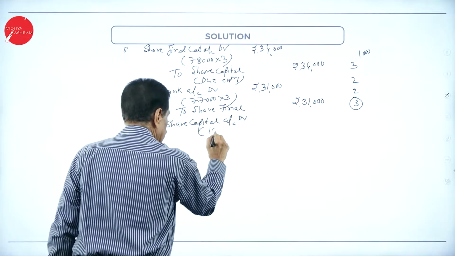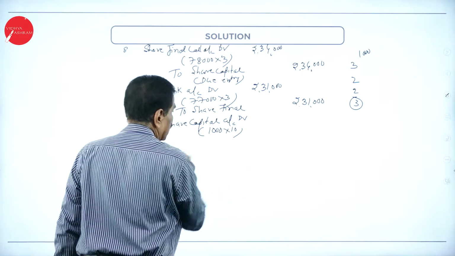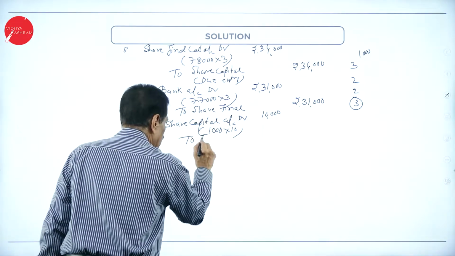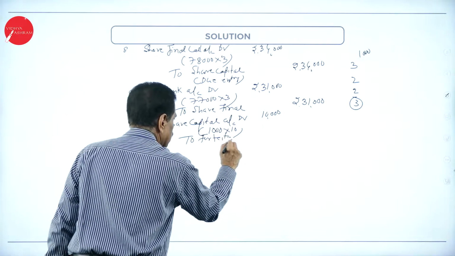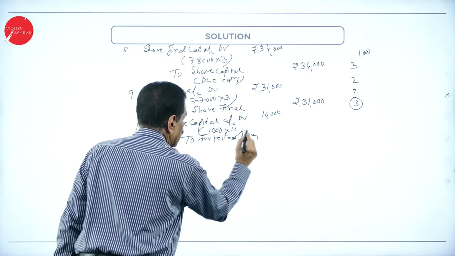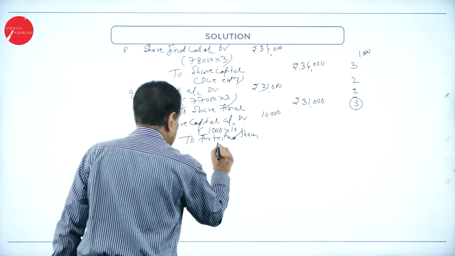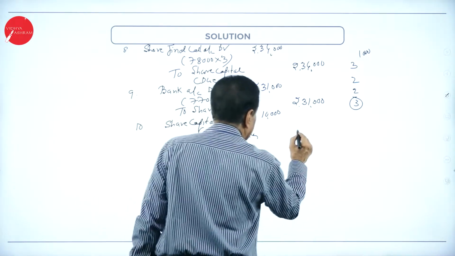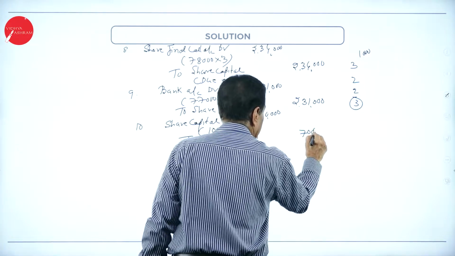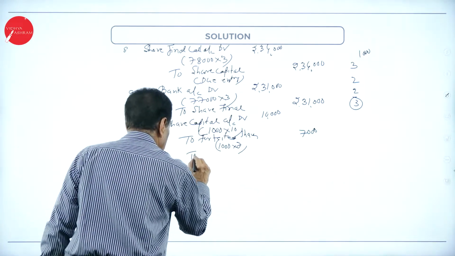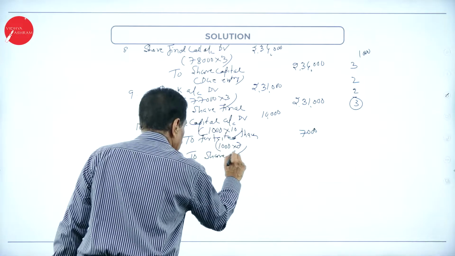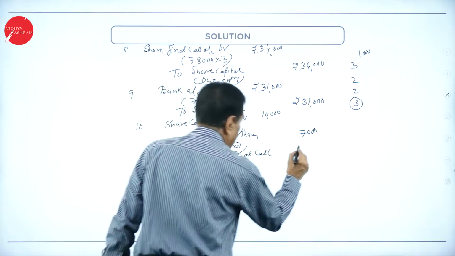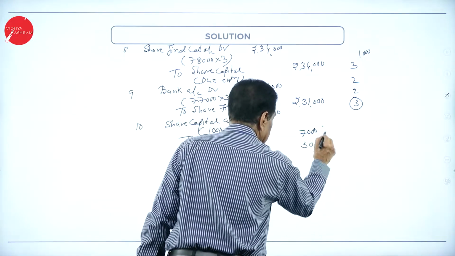This is 1,000 shares into 10, 10,000, to forfeited shares already paid. So 1,000 into 7, 7,000 already paid, to share final call, 1,000 into 3, 3,000.